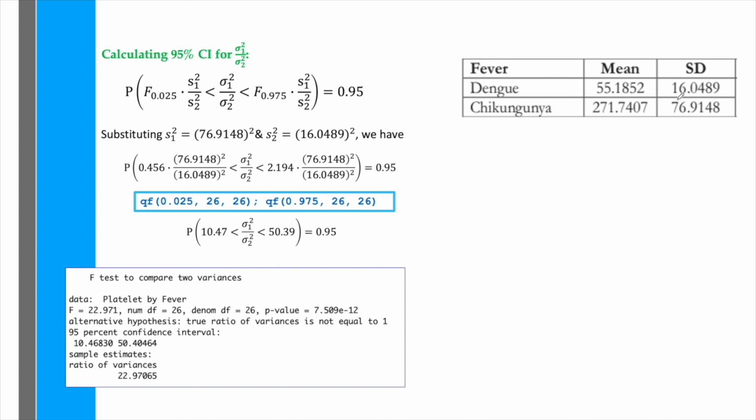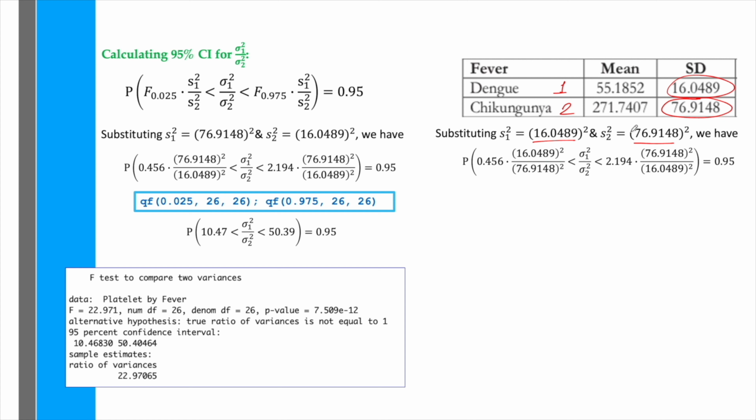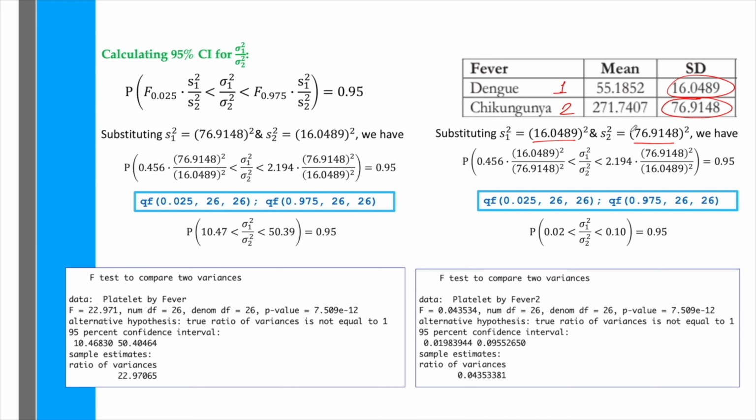Now if it's the other way around, when dengue is considered as group 1 and chikungunya is treated as group 2, so substituting 16.0489 as your S sub 1 and 76.9148 as your S sub 2, then we're going to have a 95% confidence interval of 0.02 to 0.10, which again is just computed using the ratio of S1 squared divided by S2 squared times the two critical values of F, which are 0.456 and 2.194.